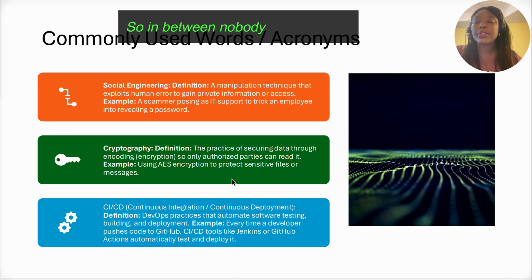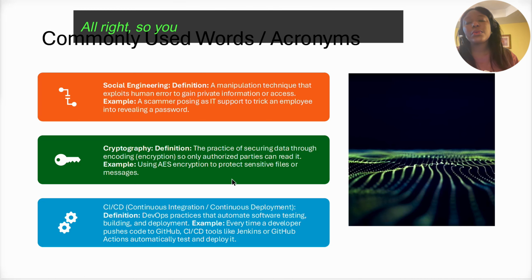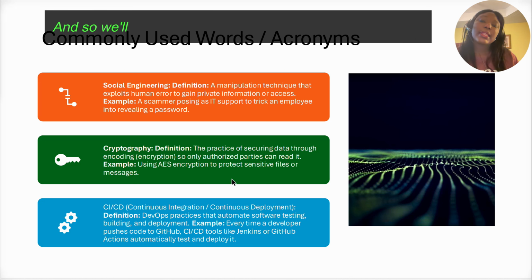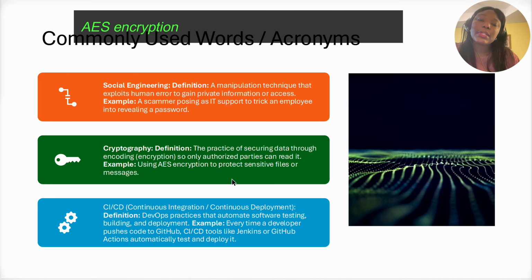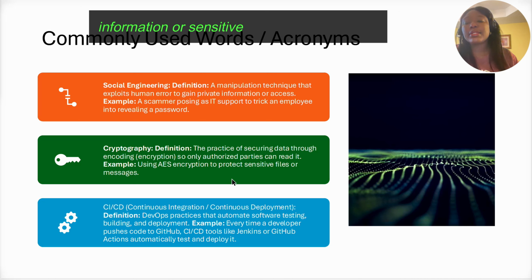So in between, nobody understands. All right, so we use codes that are not plain text to translate the messages. And so we'll see that in our full stack courses, where we have AES encryption on our data to de-identify sensitive information or sensitive personal information.